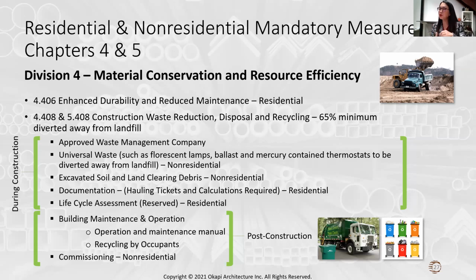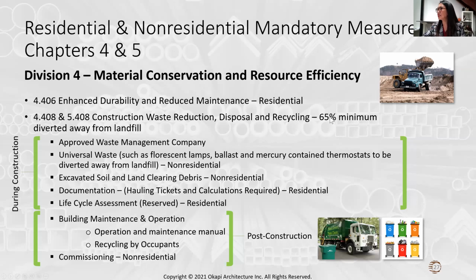You need to keep track, meaning the design team, and also if you deal with construction administration, you need to make sure how much of the construction waste goes to the landfill. You need to decrease that number. The number in CALGreen is 65% right here.